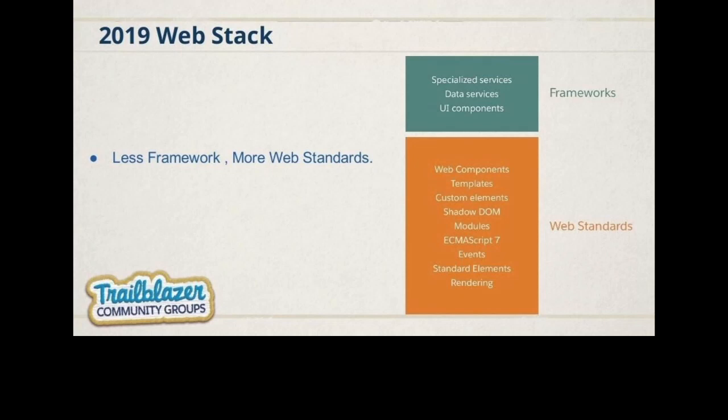Web standards now have a rich set of functionalities supported by native browsers, such as templating, shadow DOM, custom elements, etc. I'll cover the shadow DOM and other things as well. Salesforce created the Lightning Web Component framework to do so in Salesforce. So it's less of a framework and more web standard components.